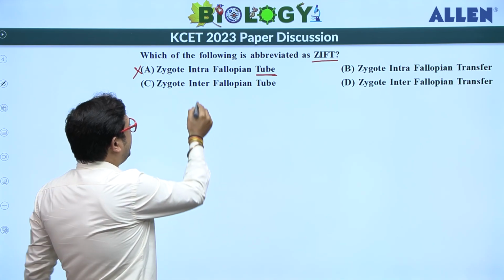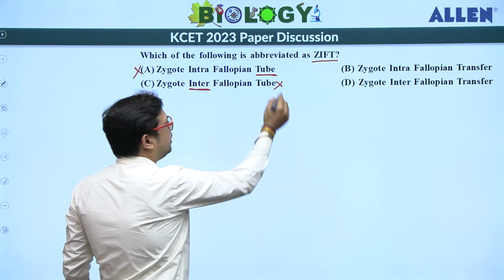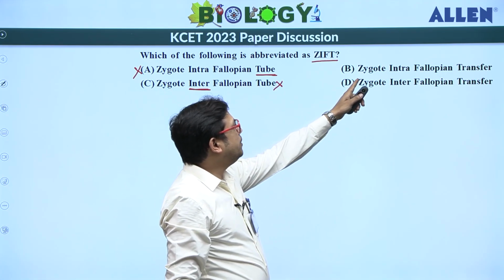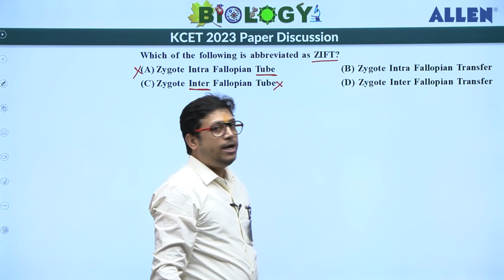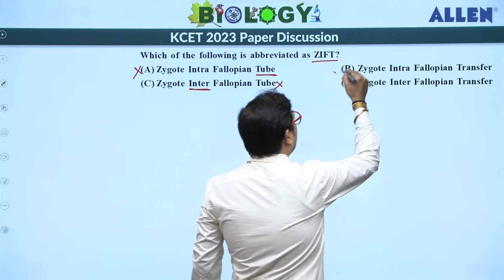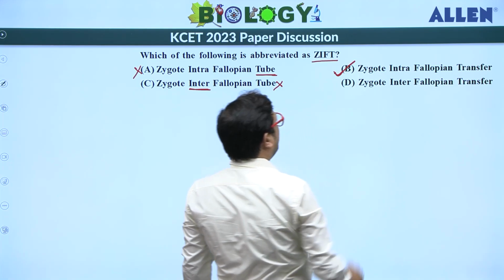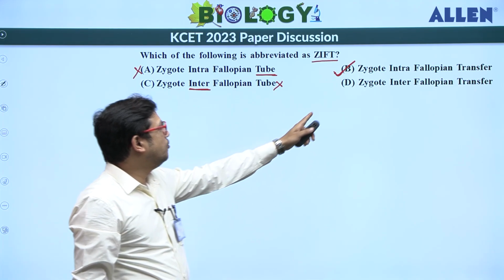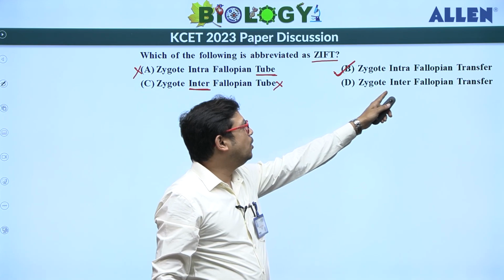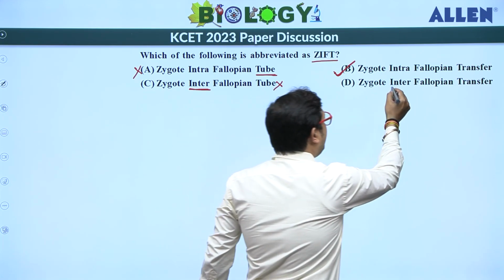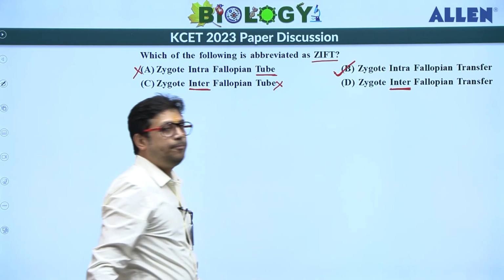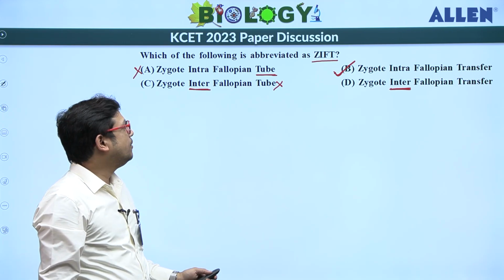Zygote interfallopian tube, no. Option number B, zygote intrafallopian tube transfer. So answer should be the second one. Fourth option also you can see zygote interfallopian. There is not inter, it is intra, right? So answer should be B.